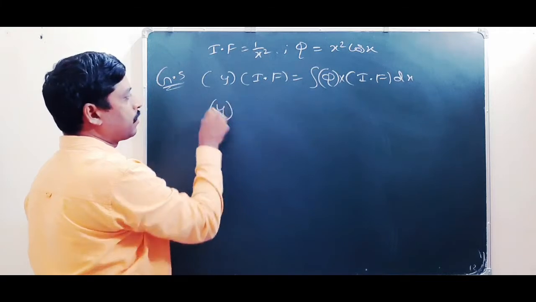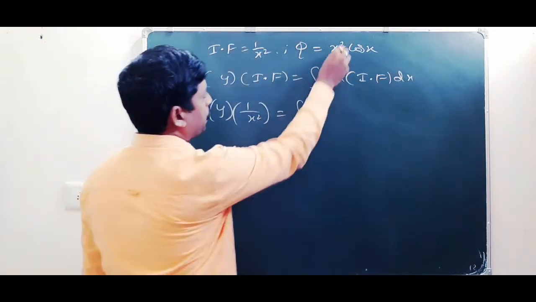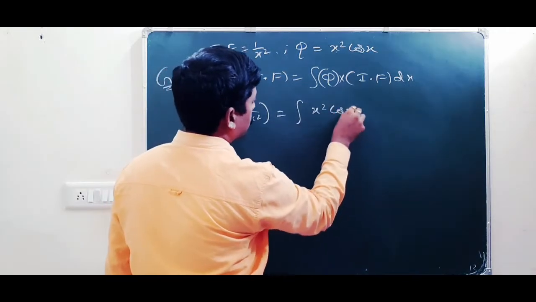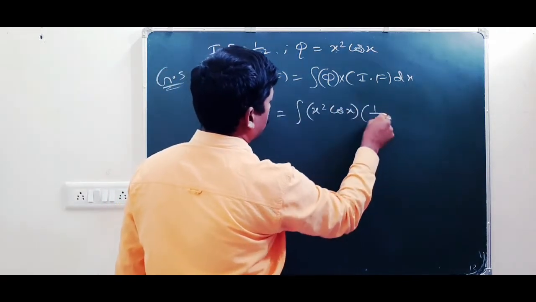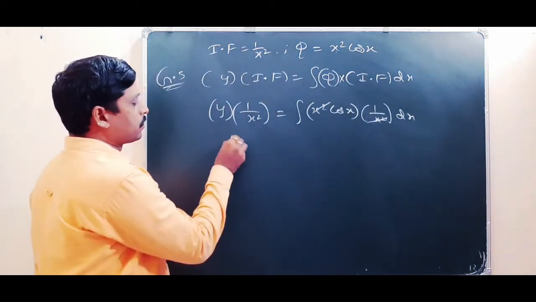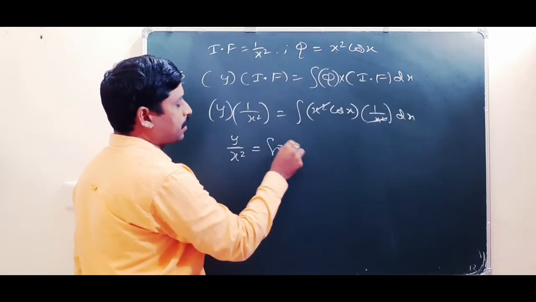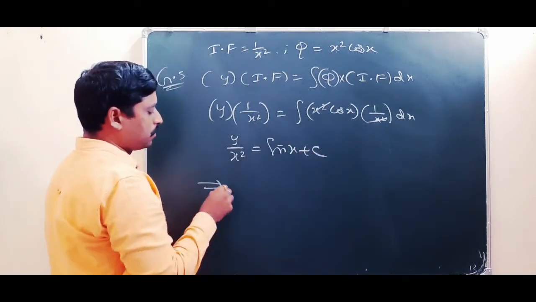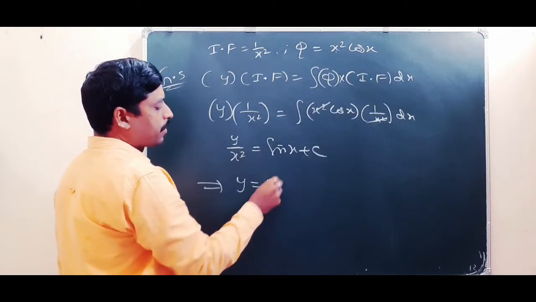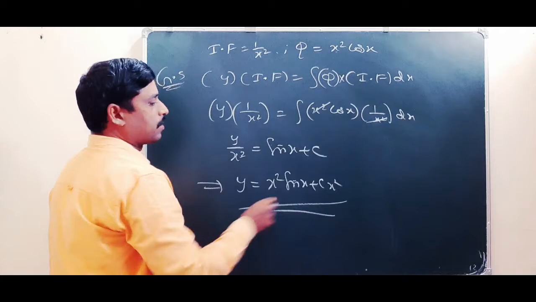So y into the integrating factor 1 by x square, q value x square cos x, integrating factor value 1 by x square dx. In this, one x square gets cancelled, so y by x square is equal to integral of cos x, which is sin x plus c. Okay, let us do cross multiplication. y is equal to x square sin x plus cx square. Okay, this is the answer.